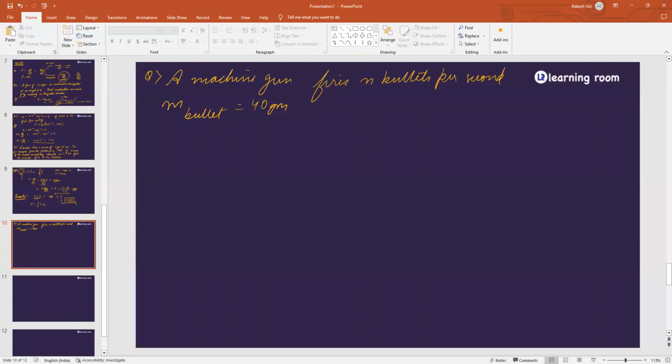Speed of bullet is 1200 meter per second. The person holding the gun can exert a maximum force of 144 Newton on it. So what you need to do is calculate n.